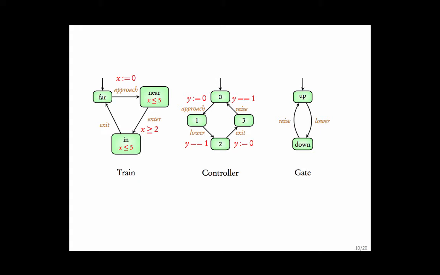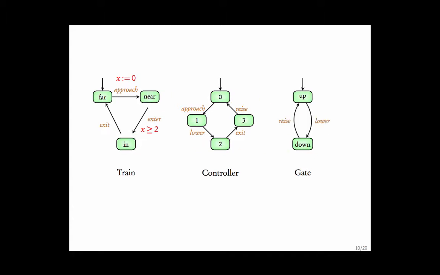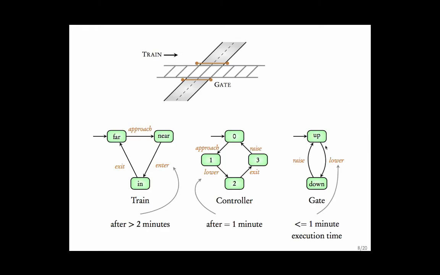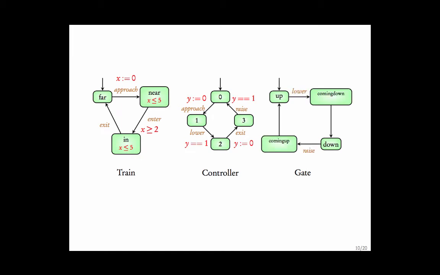Okay, let us continue. This is about the gate. We need to make a small change. It says that the time taken for the gate to come down, the execution time, is at most 1 minute. So how do we model it? We say that the gate is up.